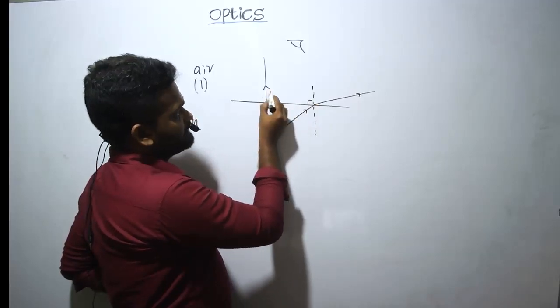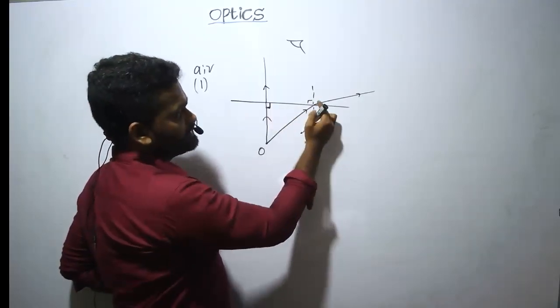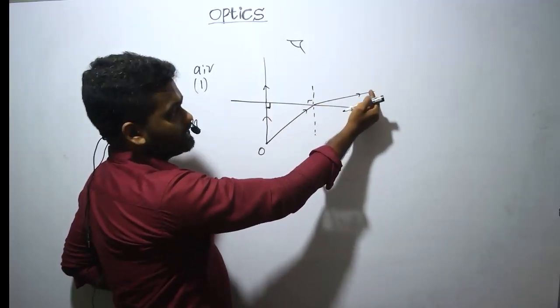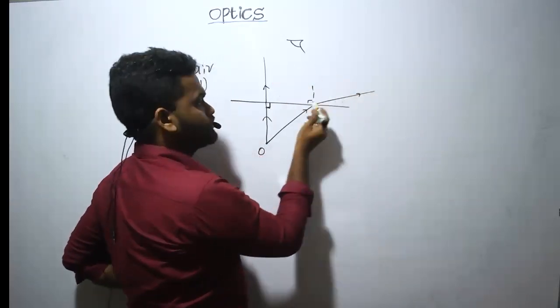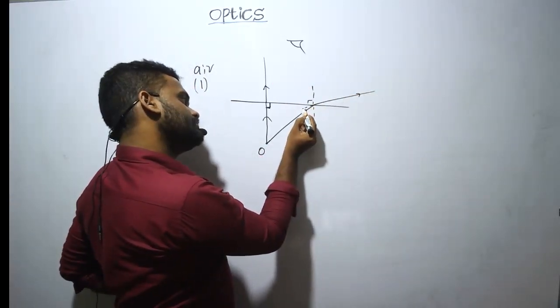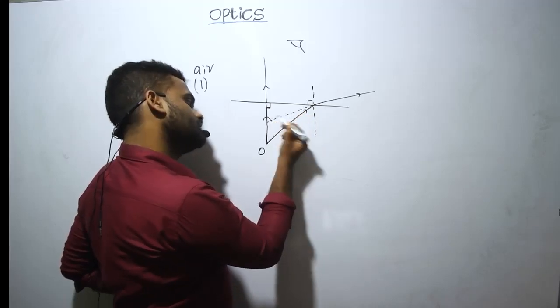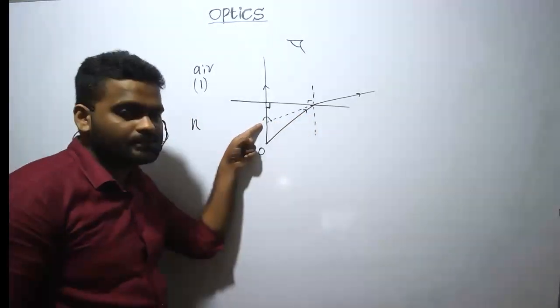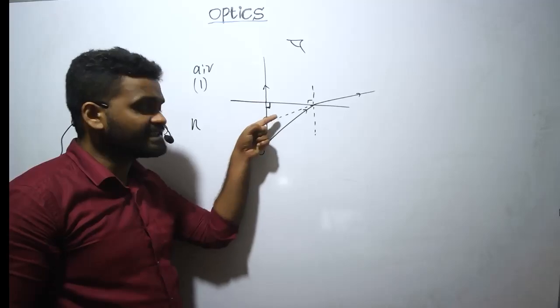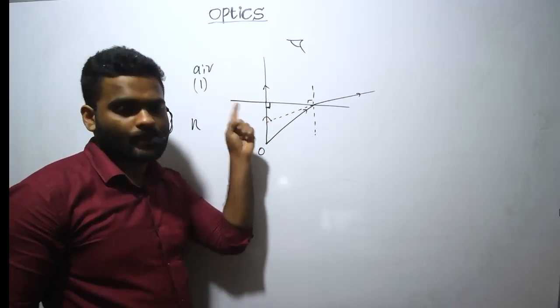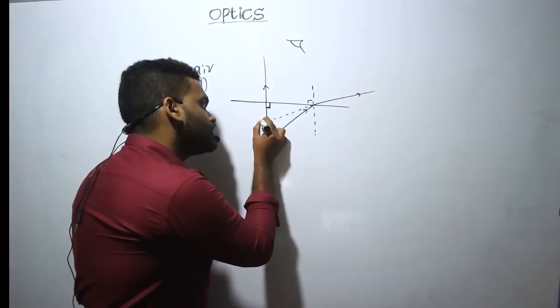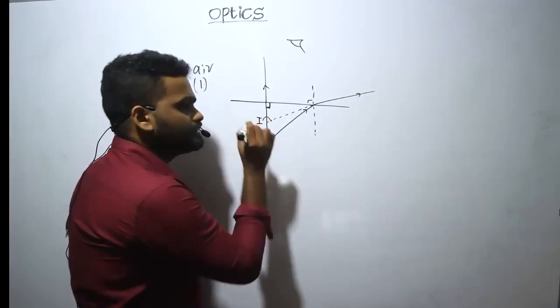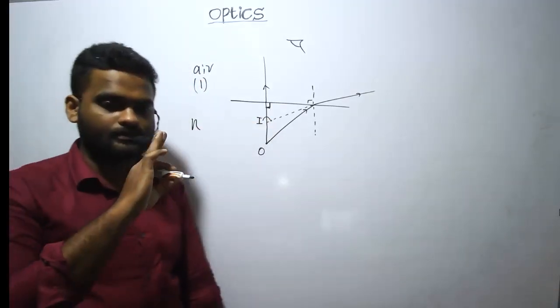So this is the final ray, and this is another final ray. You can see from here you cannot meet this ray, so you extend this backwards. Here you can see these two rays intersect. That is where the image of O is going to be. So here the image I is created. Understood? Okay.